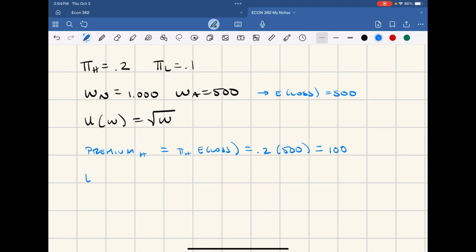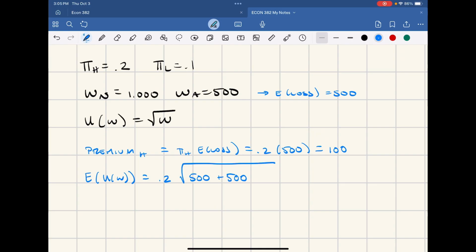So the way to think about that is their expected utility of wealth is equal to the probability that a bad event happens times the square root of the wealth if the bad event happens plus the benefit that they'd ask. This is full insurance.